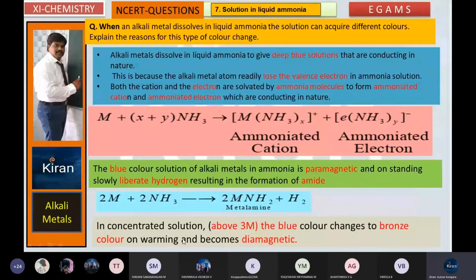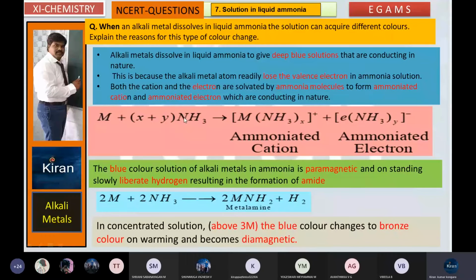In concentrated solution, above 3 molar, the blue color changes to bronze color on warming and becomes diamagnetic. Concentrated means the ammonia solution concentration is above 3 M. The blue color changes into bronze color when you heat it.